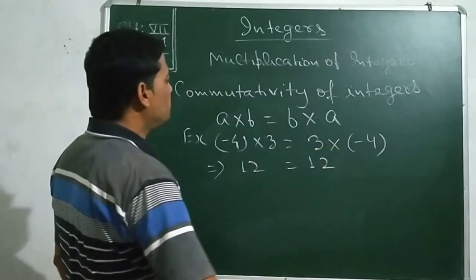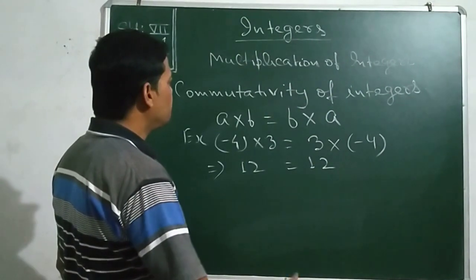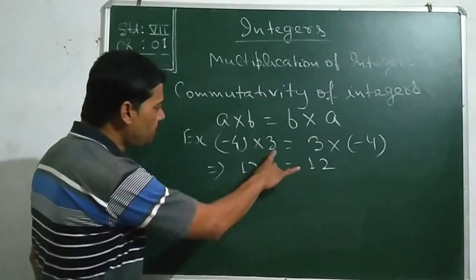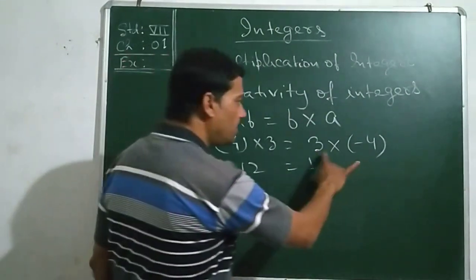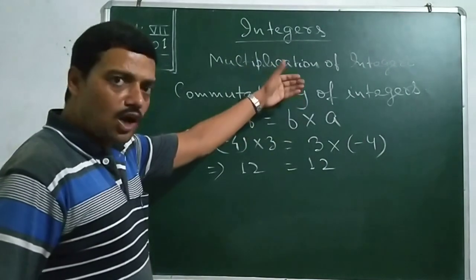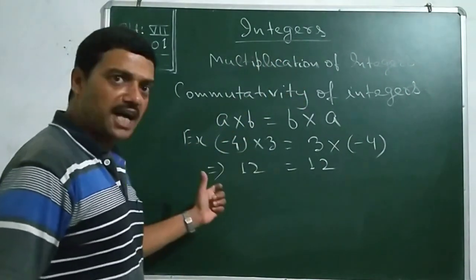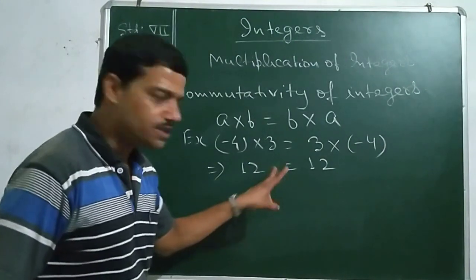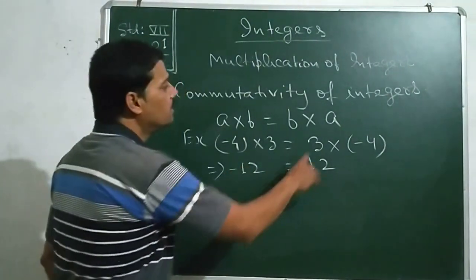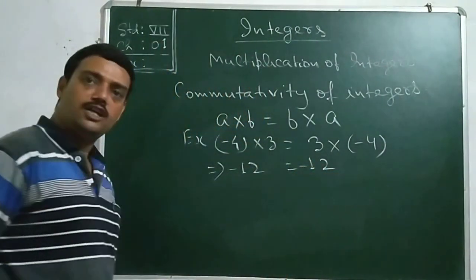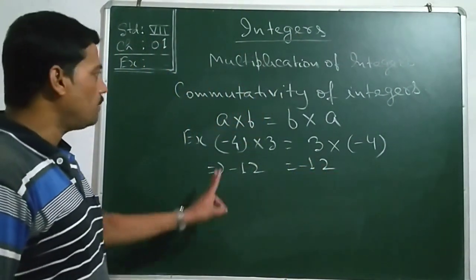In the case of commutativity of integers, the actual product here we got 12 and here also we got 12, and right now I explained to you about the sign. One negative and one positive integer, the sign will be negative. Here also one negative, one positive. Minus 12 is equal to minus 12.